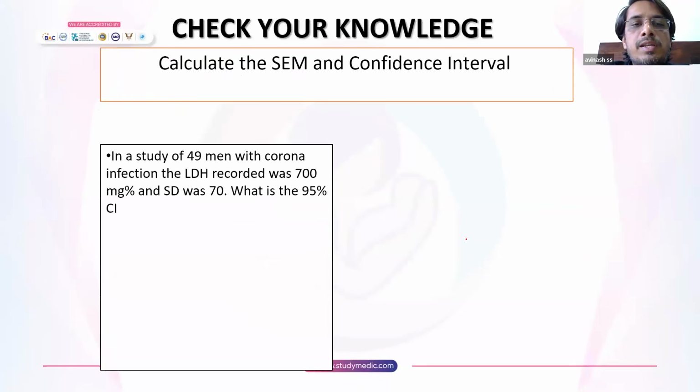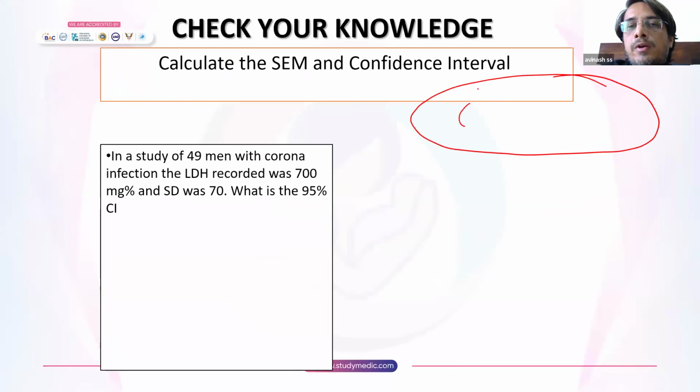In a study, 49 men with COVID infection, the LDH recorded was 700 milligrams per deciliter and the standard deviation was 70. What is the 95% confidence interval? These are COVID infected men whose mean LDH we would like to know in the population.